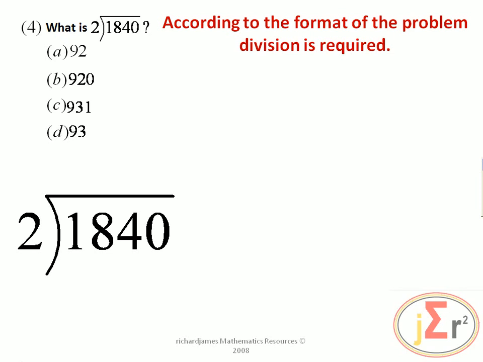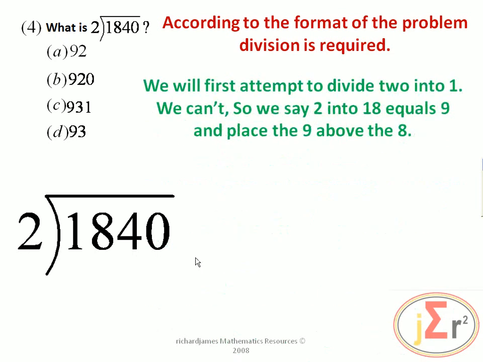And because it is what we call in mathematics insignificant, we do not have to include it. So we say 2 into 1, as we have there. We will first attempt to divide 2 into 1. We can't do that a whole number of times.